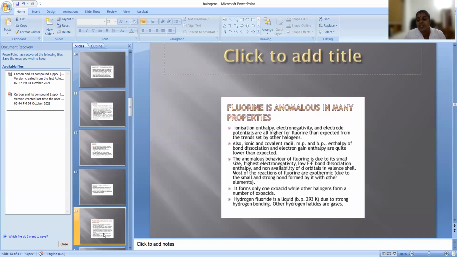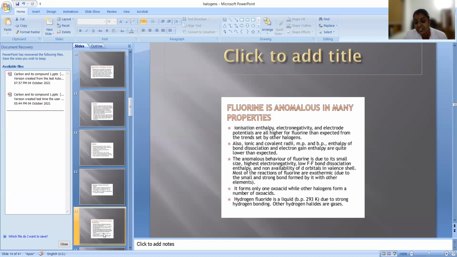In the last chapter, on the group of oxygen, we learned that oxygen has some anomalous properties as the first member of that group. Same here: the first member is fluorine, and it has some anomalous properties. We know that it has the highest electronegativity and the smallest size.